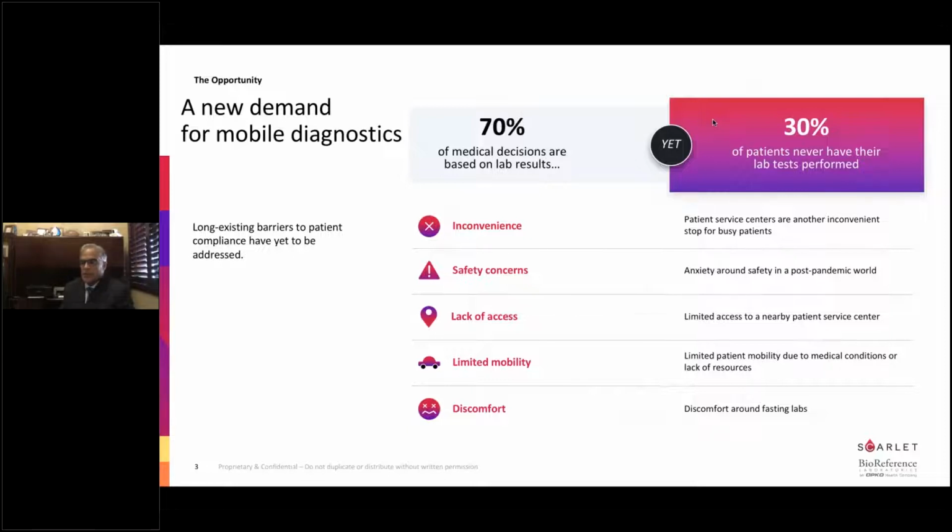Scarlet Health is an in-home, fully integrated digital platform providing access to on-demand specimen collection services, backed by BioReference and our national infrastructure with laboratory facilities throughout the country. Scarlet delivers a very innovative, flexible, mobile alternative to our traditional patient service centers and other draw locations where phlebotomists and other specimen collections are needed.